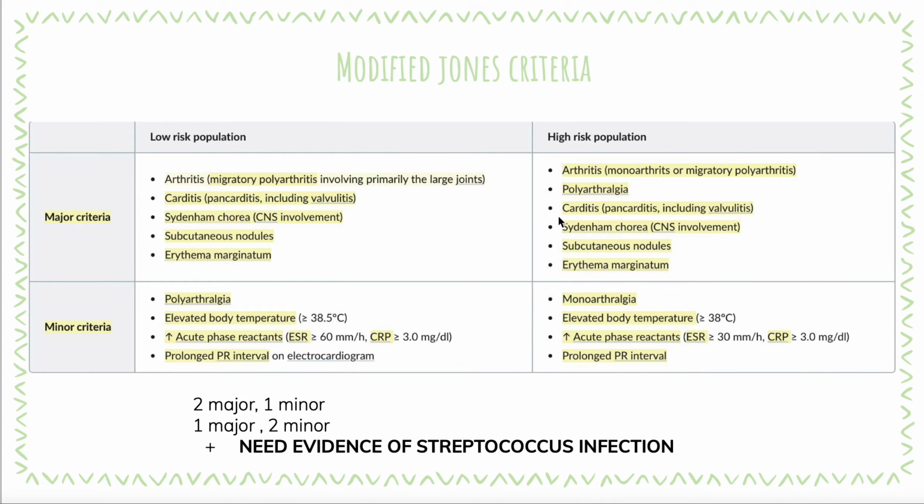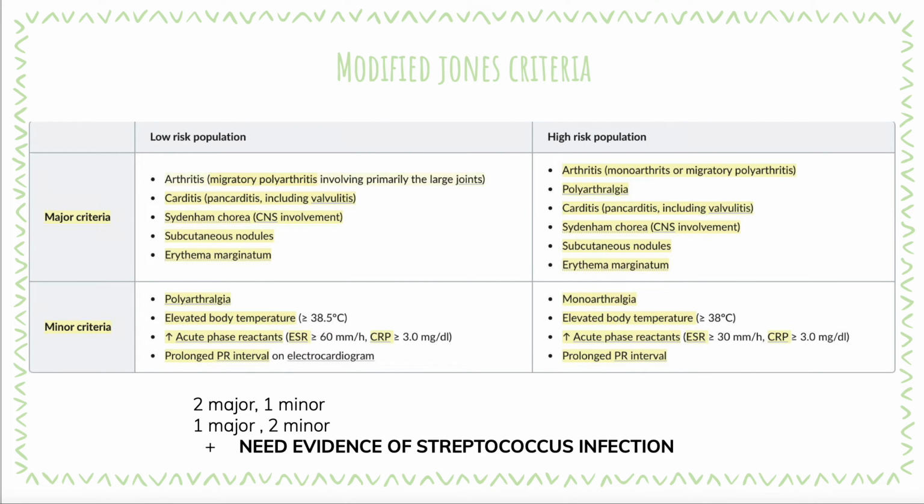There are slight differences between high and low risk. For minor criteria, you have polyarthritis, elevated body temperature, acute phase reactants, and prolonged PR. So for you to say this is rheumatic fever, you need to satisfy 2 major and 1 minor, or 1 major and 2 minor.